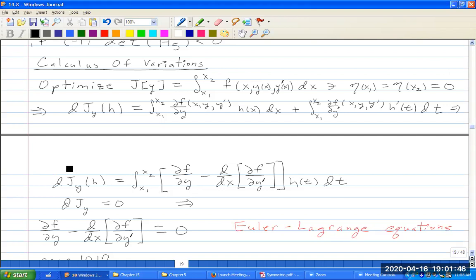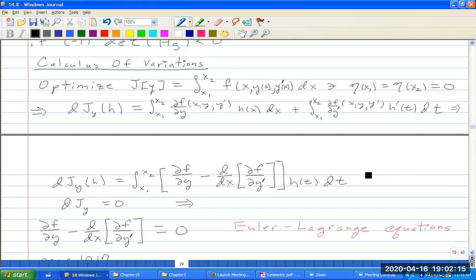Then the differential of J is just the integral from x1 to x2 of the partial of f with respect to y, minus the derivative with respect to x of the partial of f with respect to y prime, that third variable, times h.